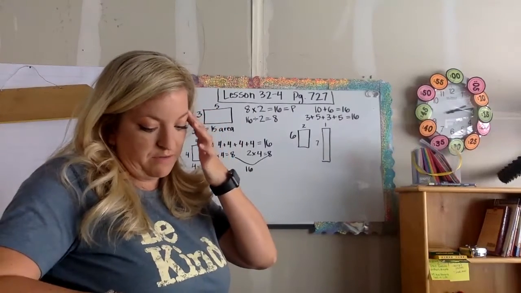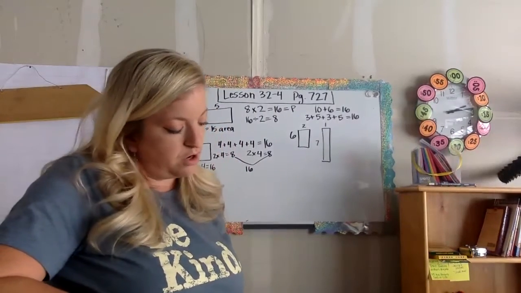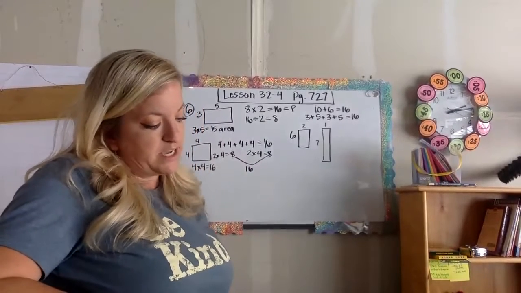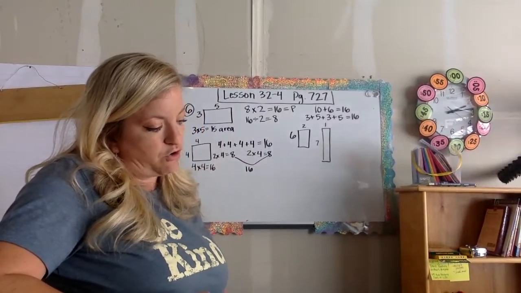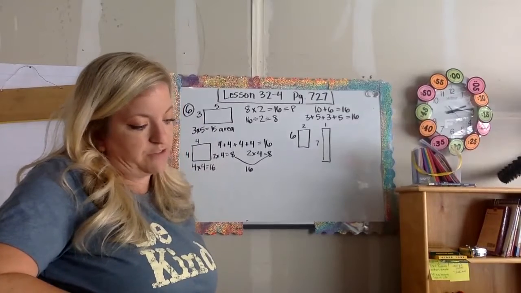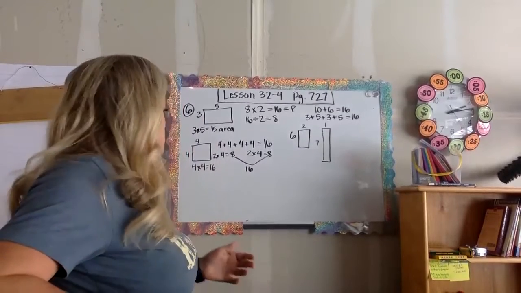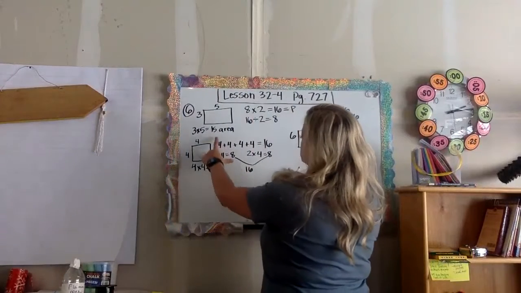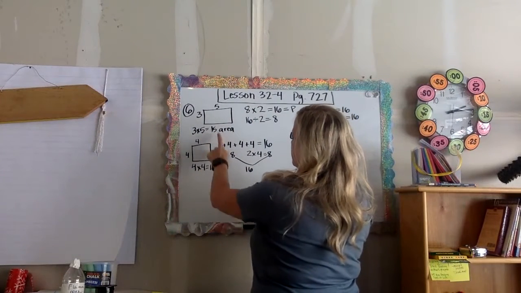So number 7. Look at the rectangle you drew for problem 6. Is its area the same as, greater than, or less than the area of the original rectangle? So my area of 16 is greater than my area of 15.